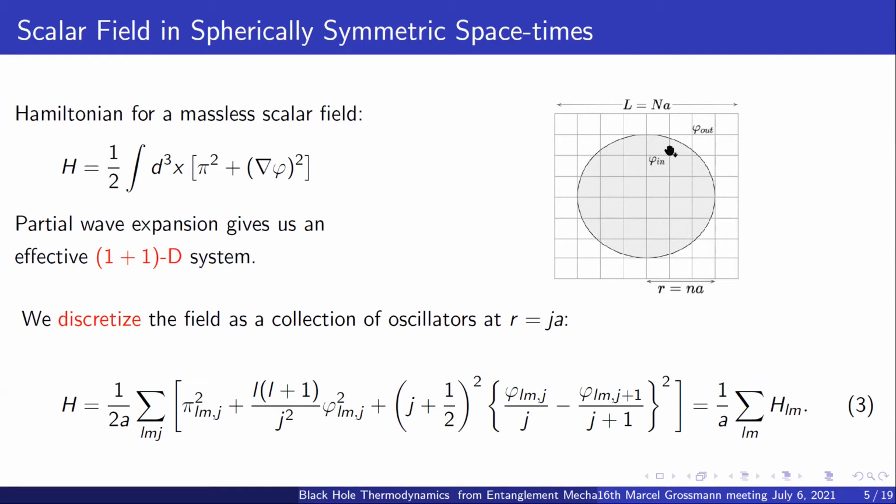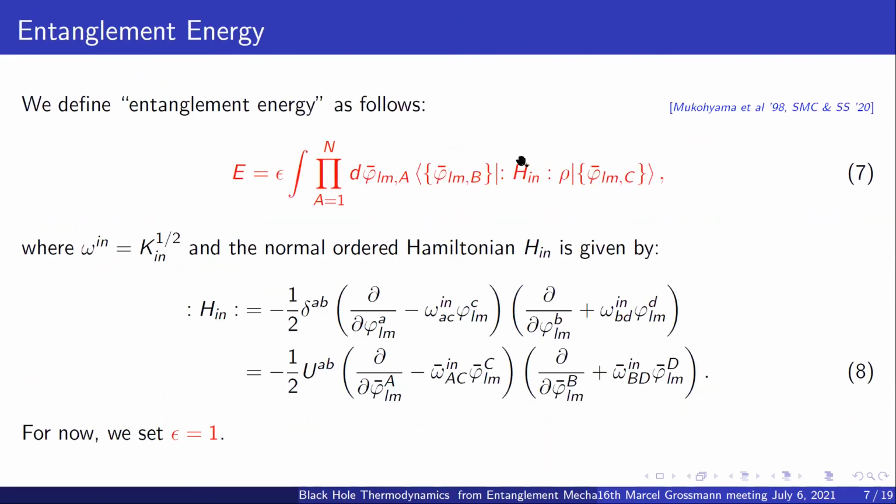And what is interesting is that both the entropy and energy associated with entanglement will only be non-zero as long as there is entanglement between these two subsystems. Now, you can basically think of entanglement energy as some sort of disturbed vacuum energy in the presence of a horizon, or basically a measure that captures the correlation energy of the system.